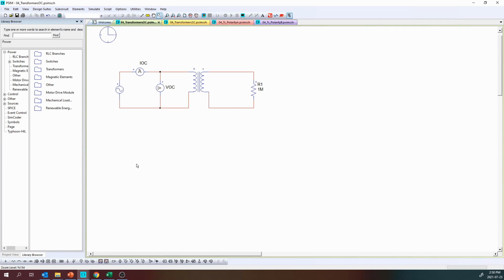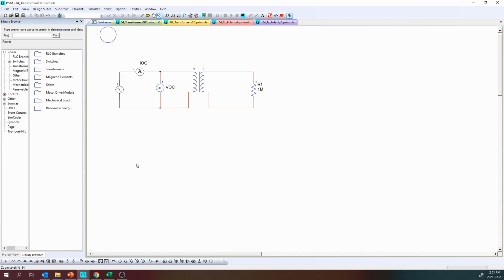Because of that, it's pretty much just the linear part of the transformer that is modeled by PSIM, and that does not allow us to get all the features that we want to show you in the lab. Therefore, we're going to run a few tests using simulation, but some other stuff is going to be covered with actual data that we've collected in the lab.